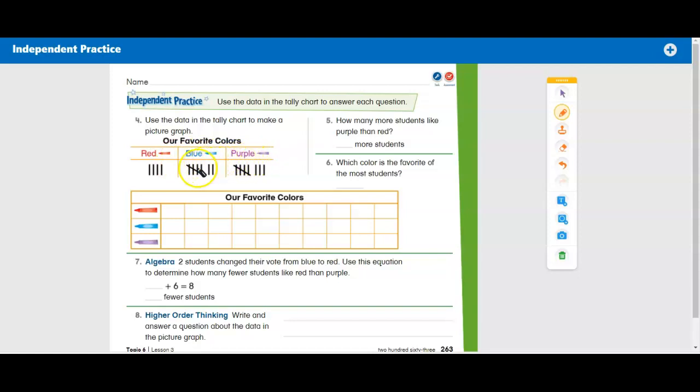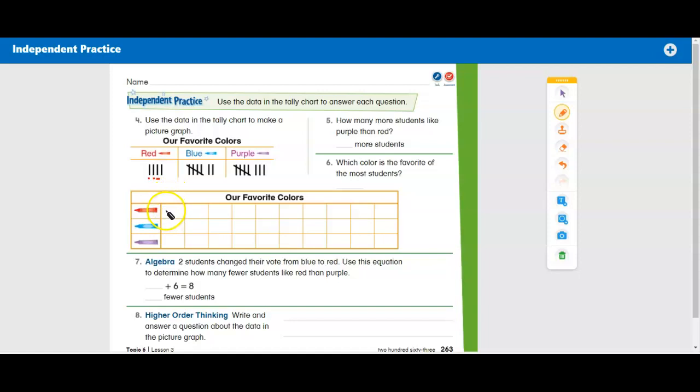What you will do is look under each color, count how many tally marks there are, and then draw that crayon in their area. For example, and you can use your pencil or colored pencils if you have some, or even crayons. For red colors, it says there were 1, 2, 3, 4.